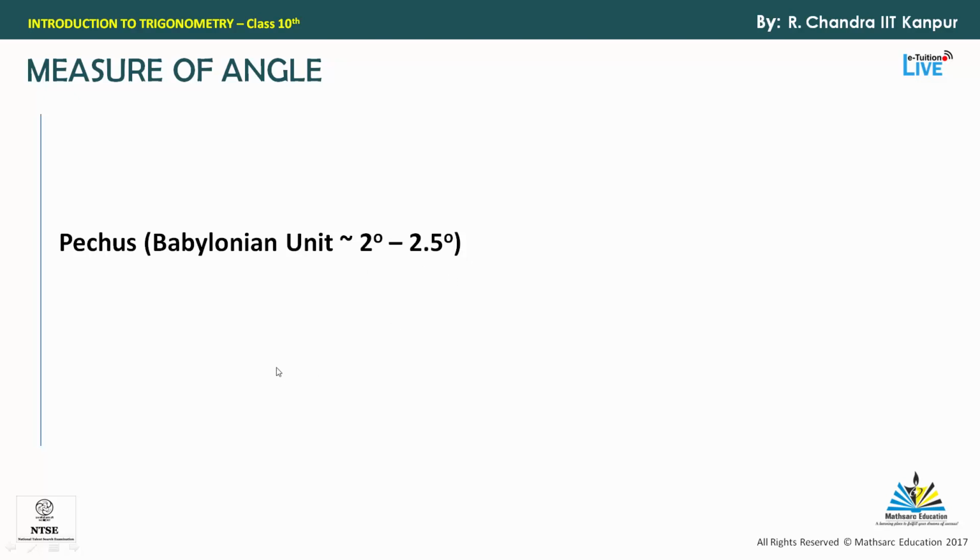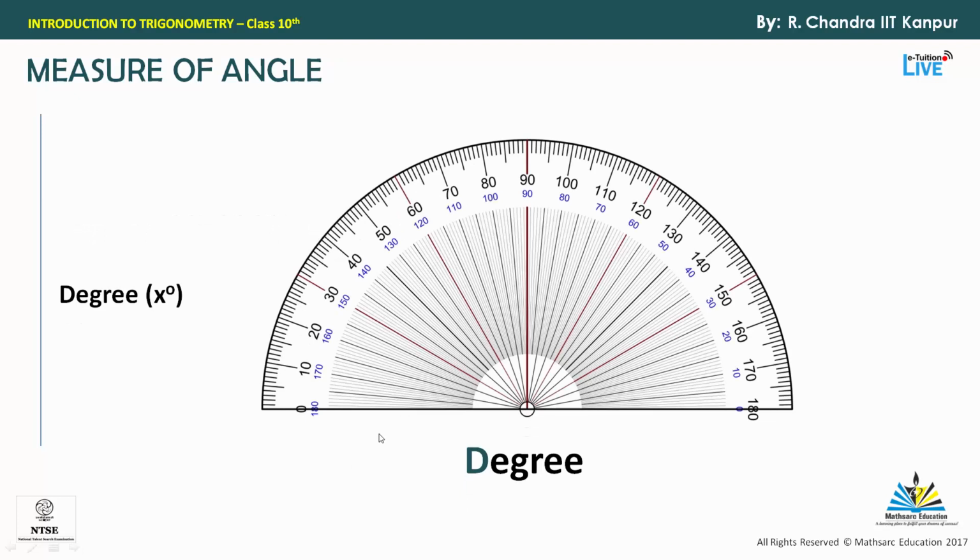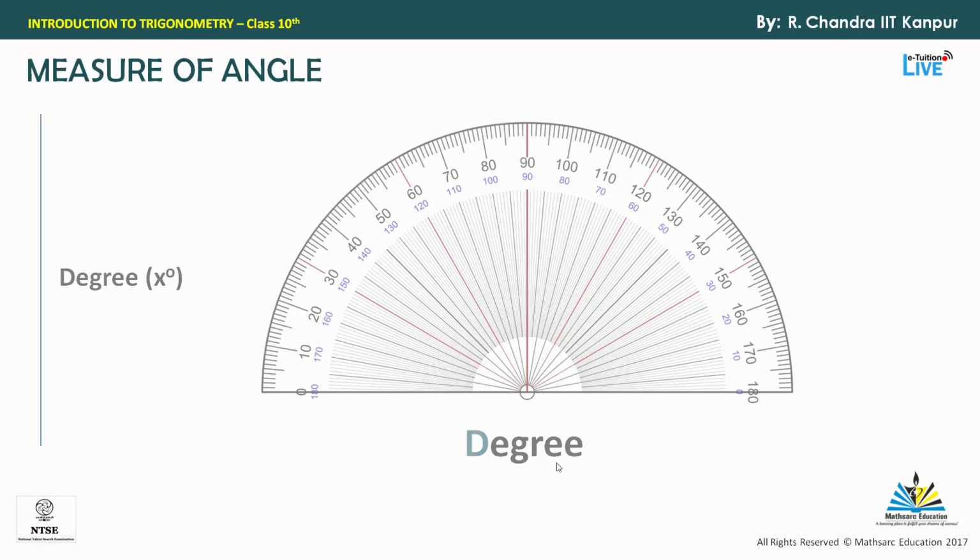We don't have this unit much in use nowadays. Next we have degree. As you can see, most of you have used this protractor to measure the angle between two rays, and what they did is they divided a straight line into 180 equal parts.